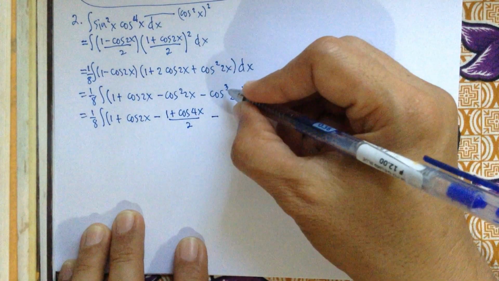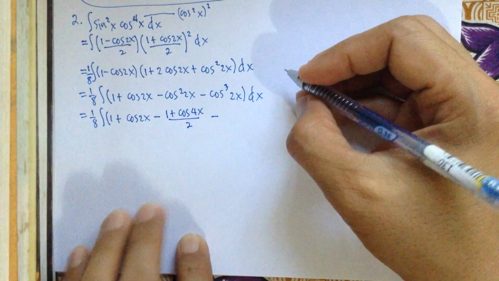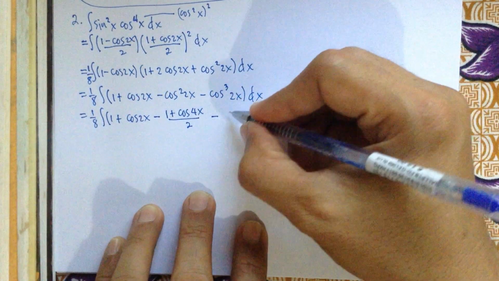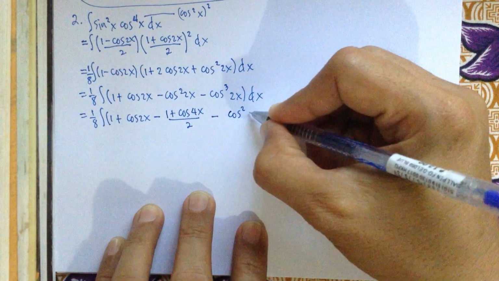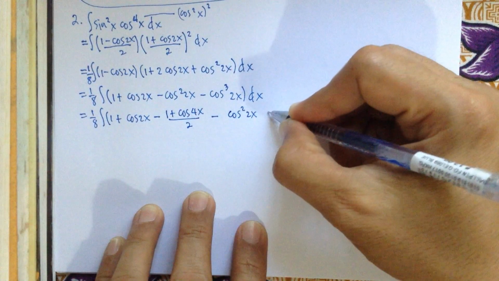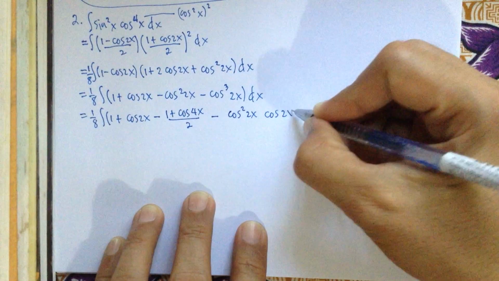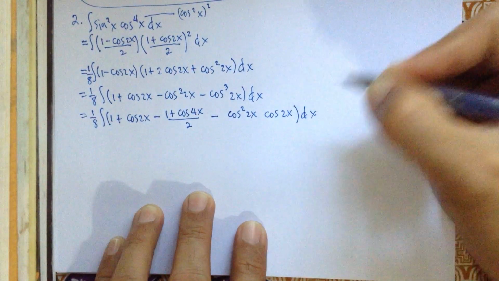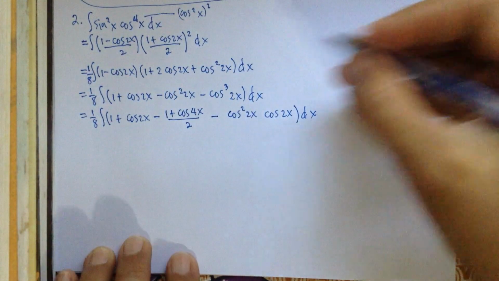Then for this, no problem, but given the fact that this is odd, we should separate the factor cosine 2x, because we will reserve that for our du later, okay.